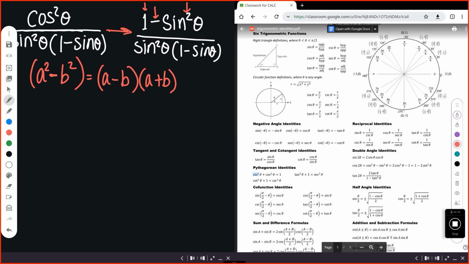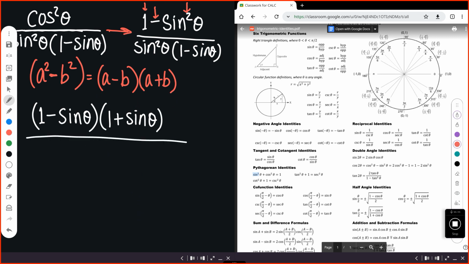My numerator will have the square root of 1, which is 1, then minus b, which is the square root of my second term, which is sine, and 1 plus sine theta. So that is my numerator now, through the difference of squares.